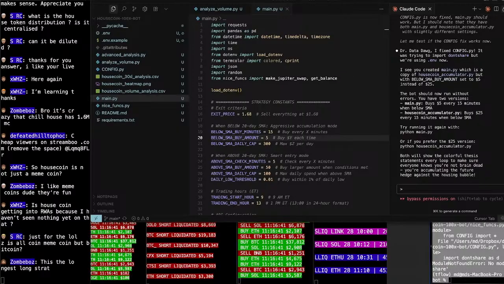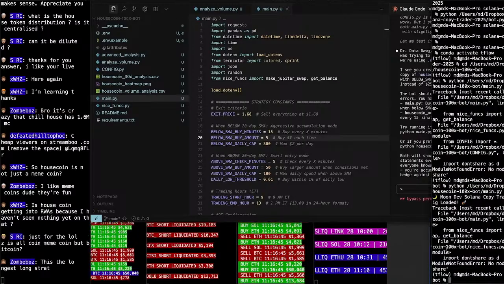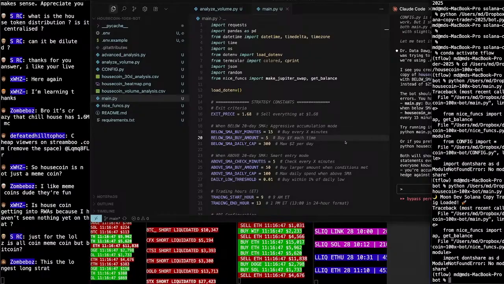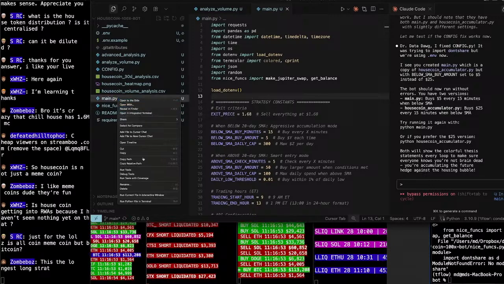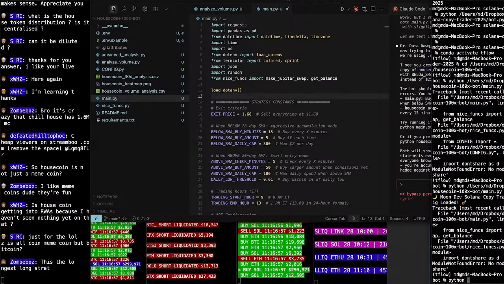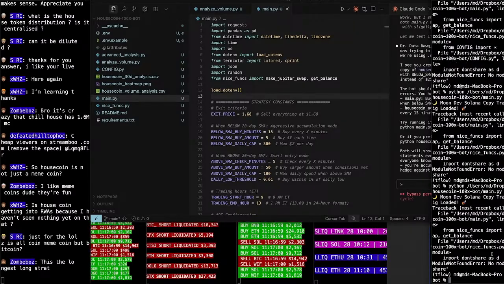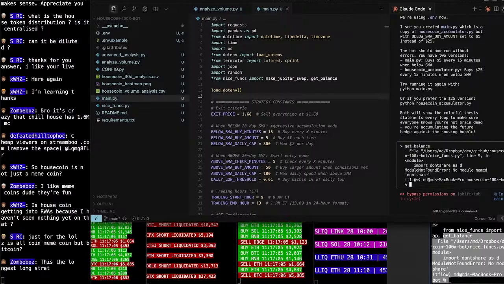Dr. Datadog, I fixed the config. It was trying to import the don't share. Okay. Copy path. Python. It's in the nice funks that we have the don't share as well.